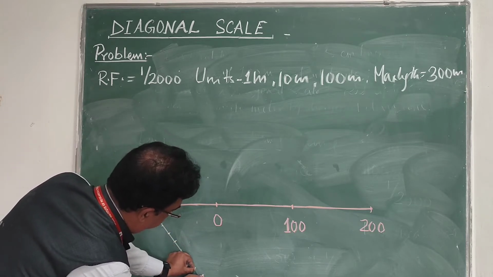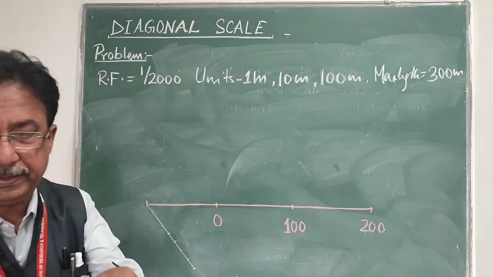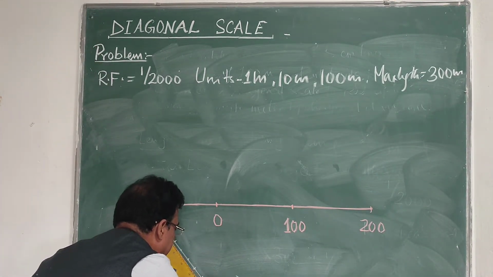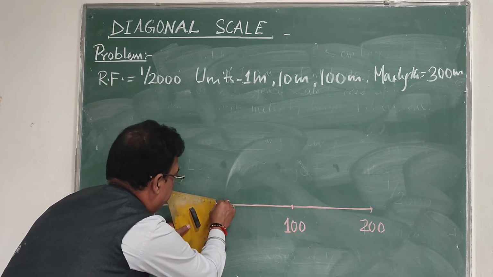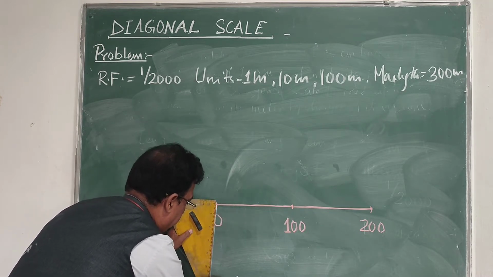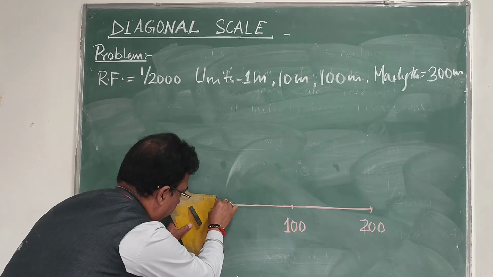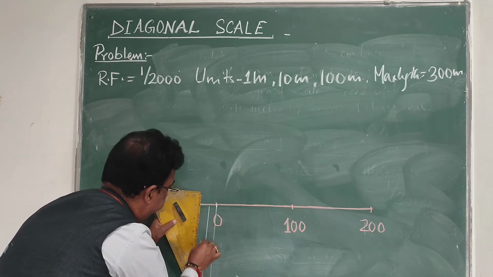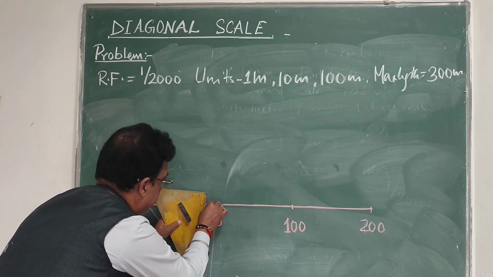After 10 equal markings, join this 10th one with 0 like this, and now move parallel from this, like this.